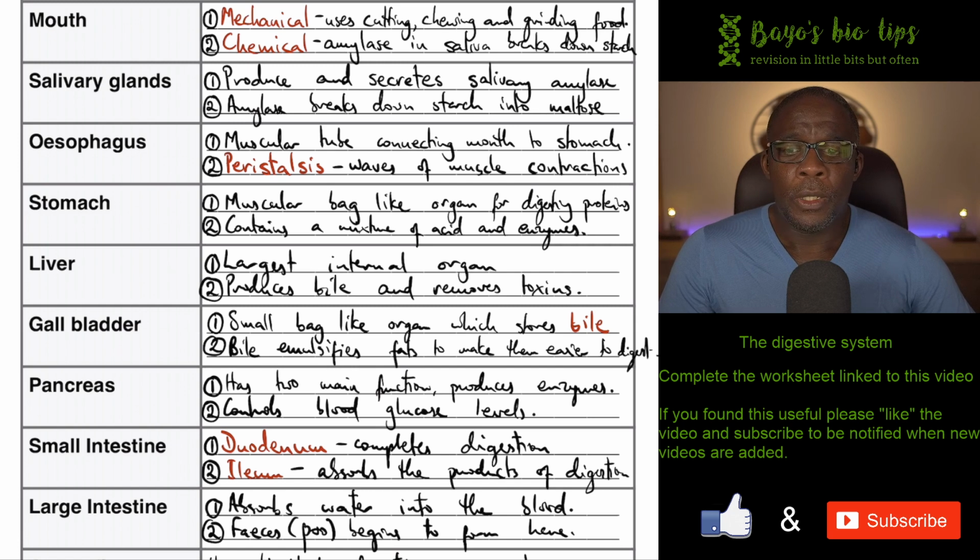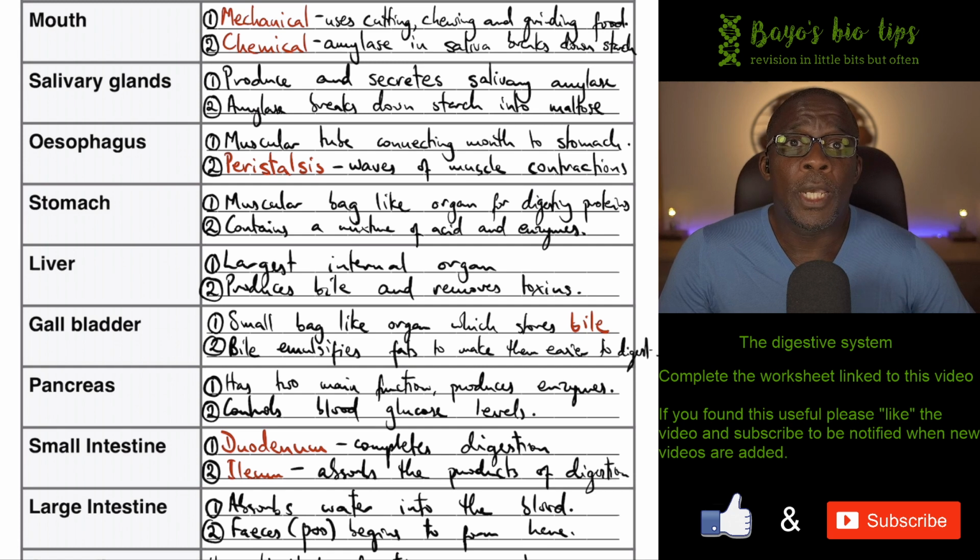And then we go on to the large intestine. So the large intestine is a larger pipe or tube than the small intestine, as the name probably suggests. And it's responsible for absorbing water from the digested food. So it absorbs water into the body. So pretty crucial function. It also contains bacteria, what are sometimes described as friendly bacteria.